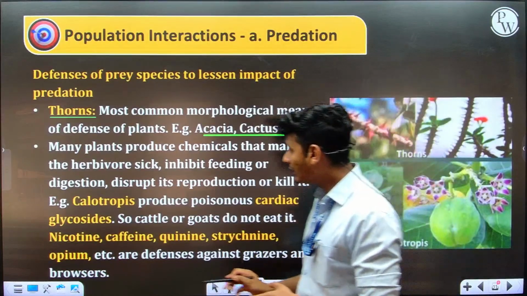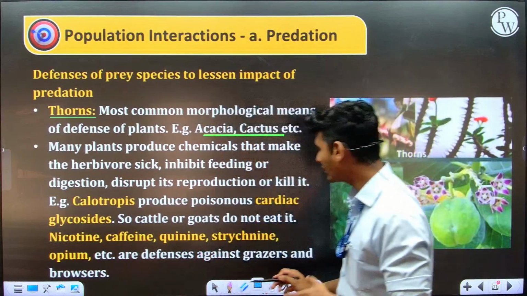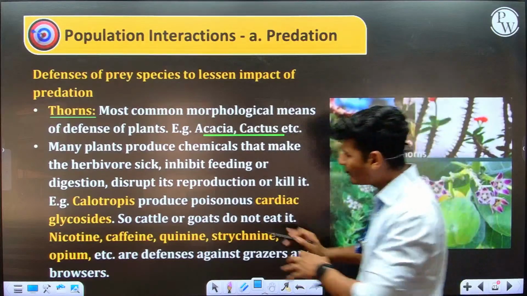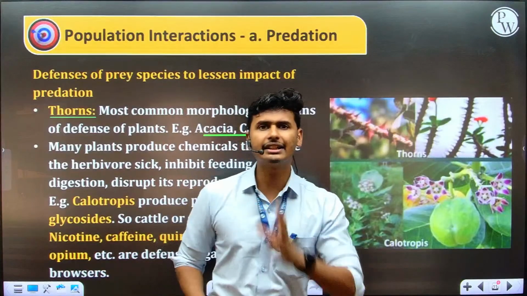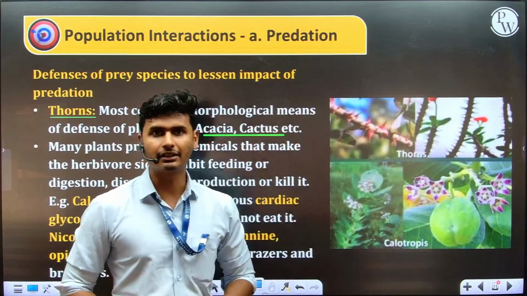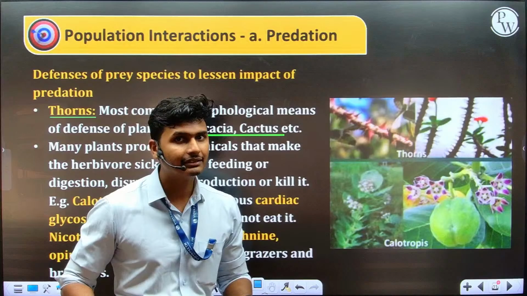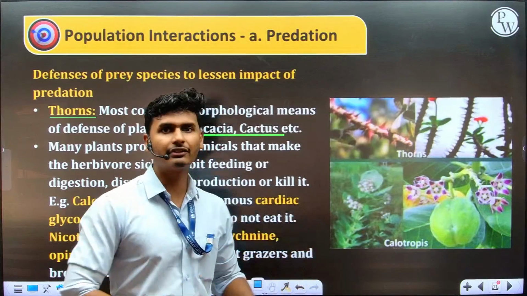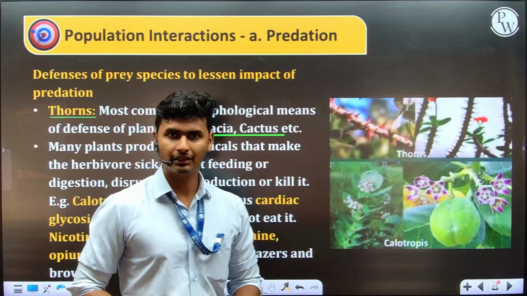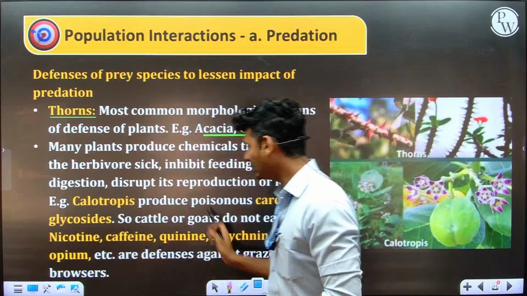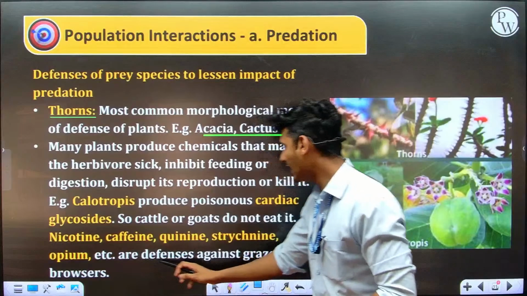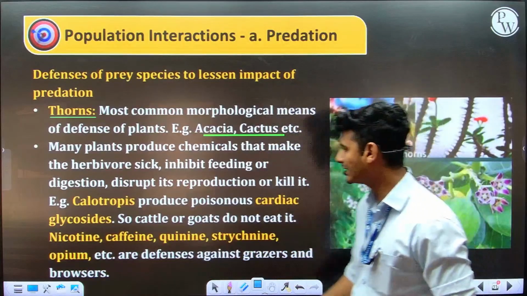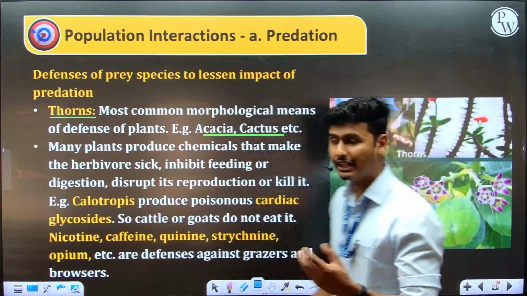Like nicotine, caffeine, quinine, strychnine, those are all secondary metabolites produced by plants. Why? To protect themselves from predators, because those chemicals react in the predator's body. These are the defenses against grazers and browsers.